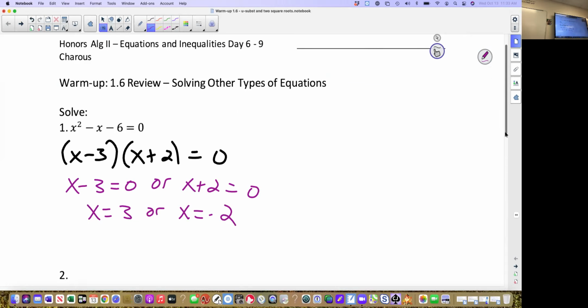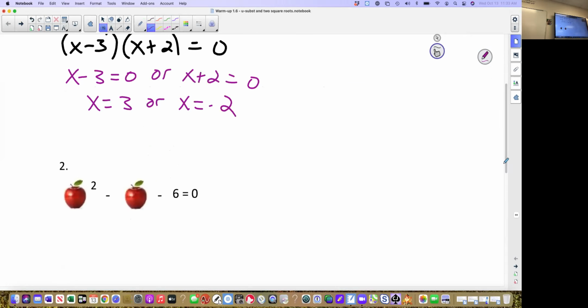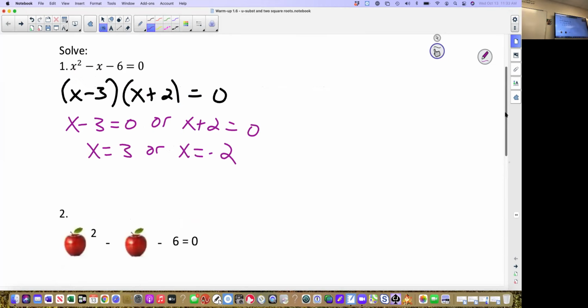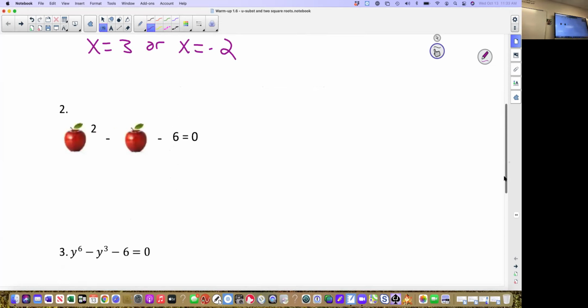Okay, so what if we go to number 2? Number 2 says apple squared minus apple minus 6 equals 0. How does that compare to this previous problem? It's the same thing, right? Doesn't matter if it's apple or x.